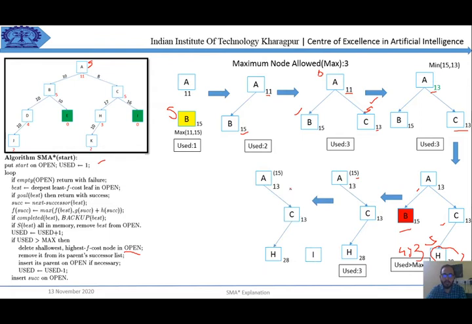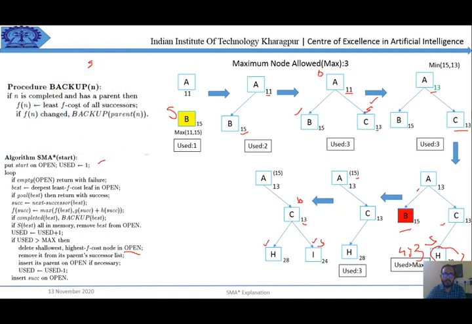After that, among these three, this is the lowest one, the best lowest one. So only one node is there that you can go to, that is the I node, and the value is 24. Right now, as I have said, this is the base node and this is the successor. So completed base is again true because both the nodes have been traversed, so now the backup pointer has been called.